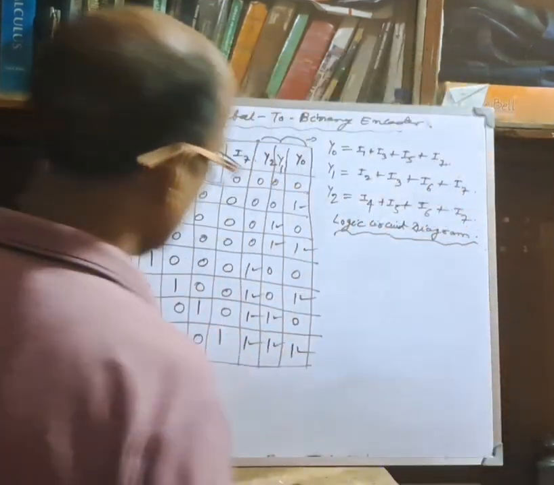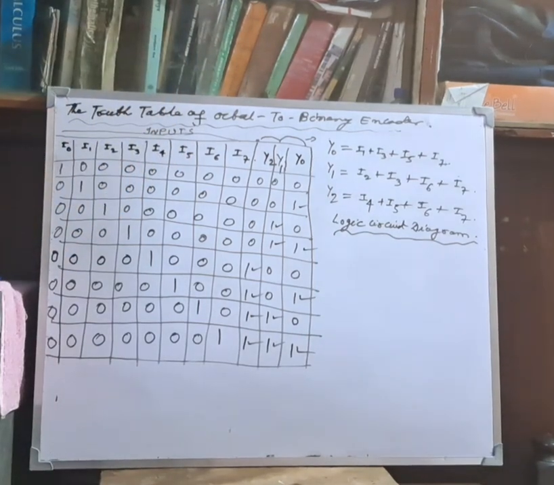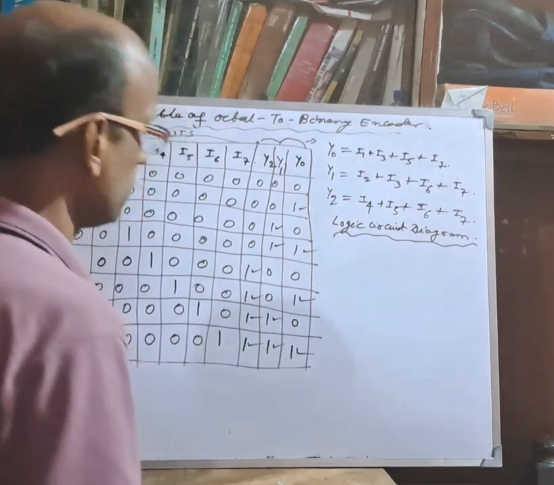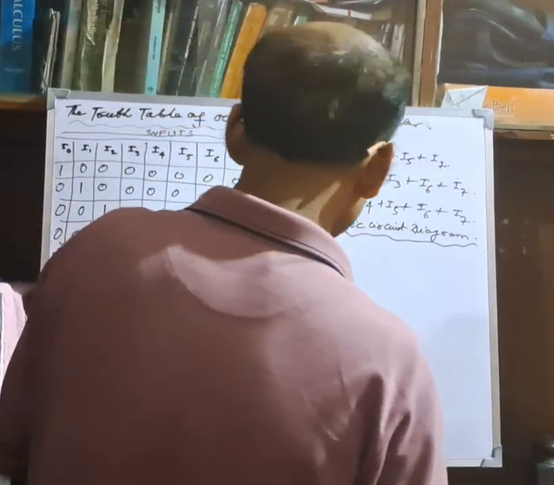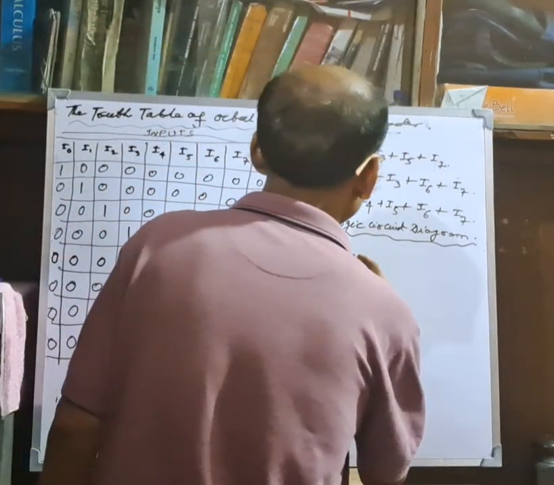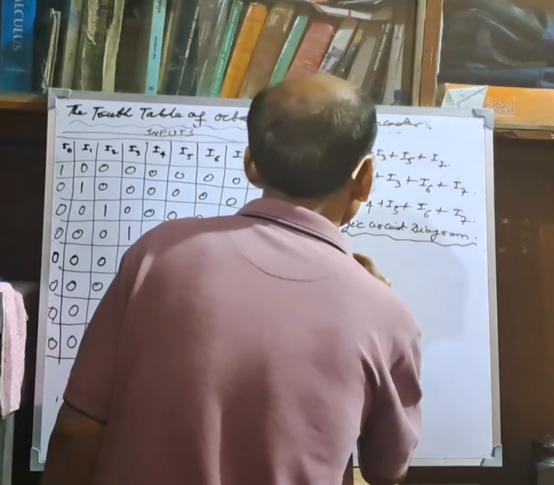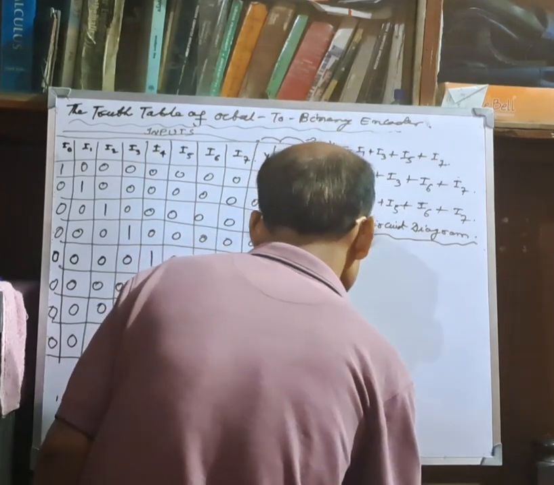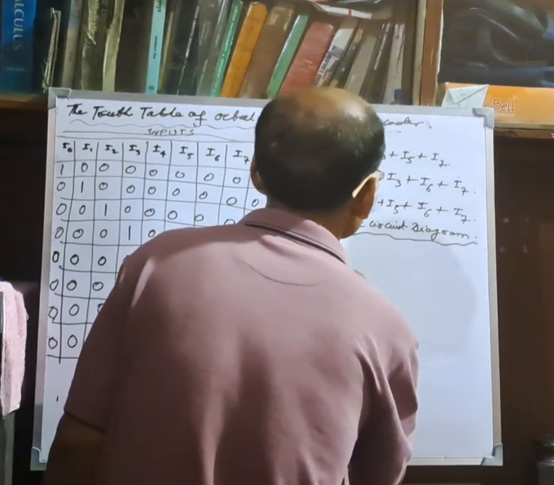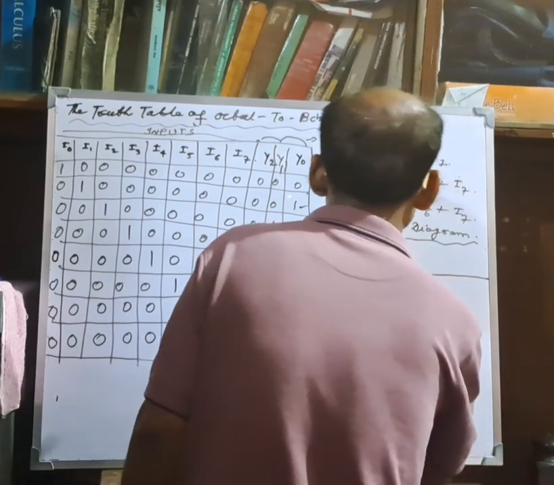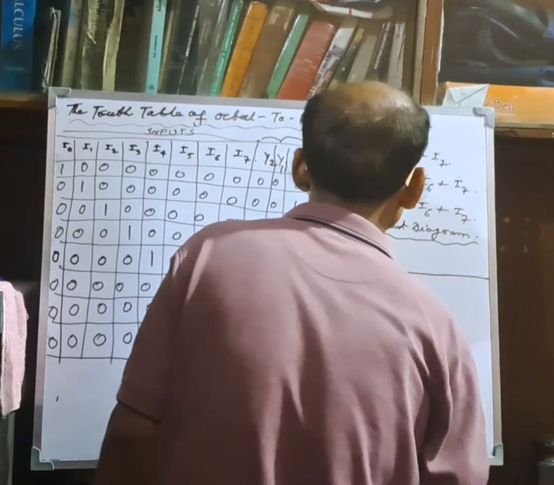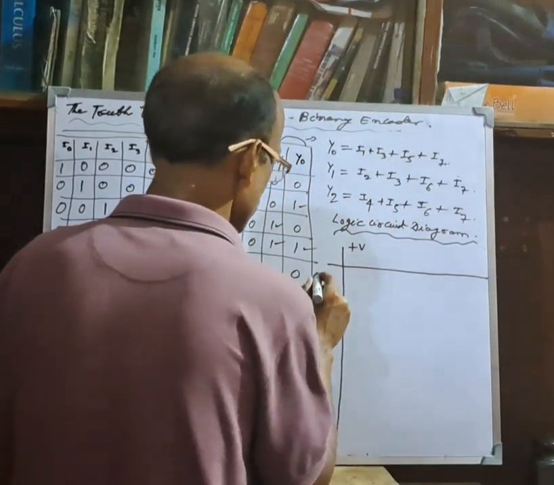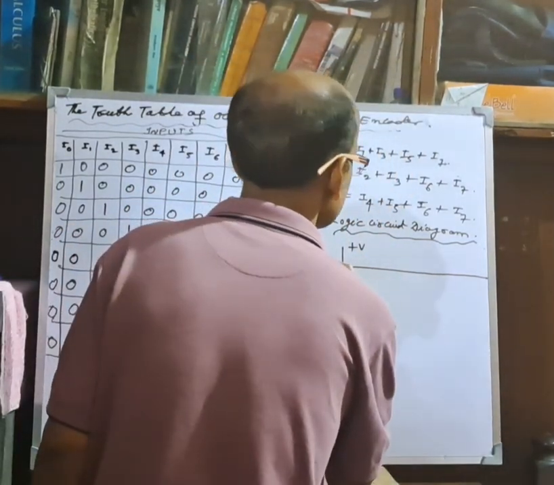Little space is left here, but I will manage to complete it in this little space. This is plus V. Okay. And from here I will manage to write here.